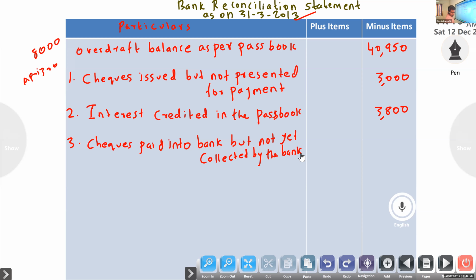So here we have to take only 3,800, plus, because the 3,800 check is collected by the bank on April 7.